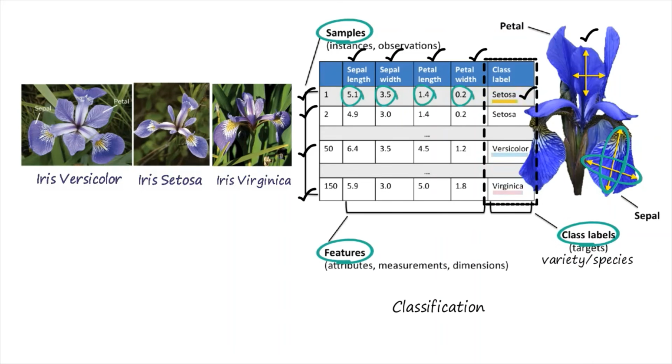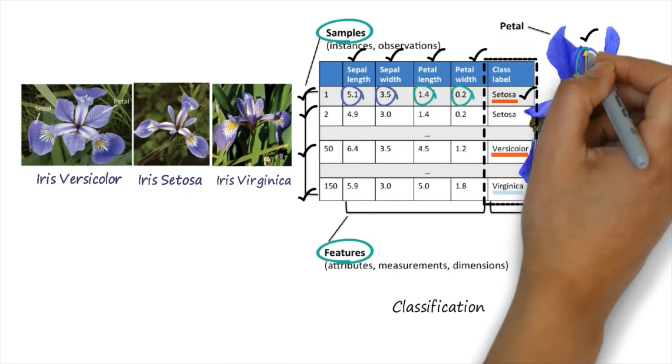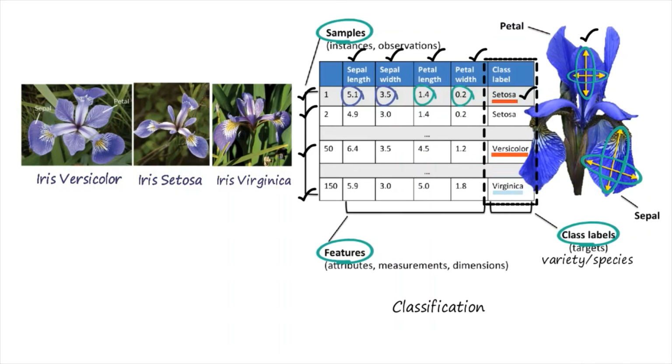They are noted over here. And then we have petal length and petal width, which are also noted here. So whenever we define one particular flower of one specific variety, we have to define its four features: sepal length, sepal width, petal length, petal width.